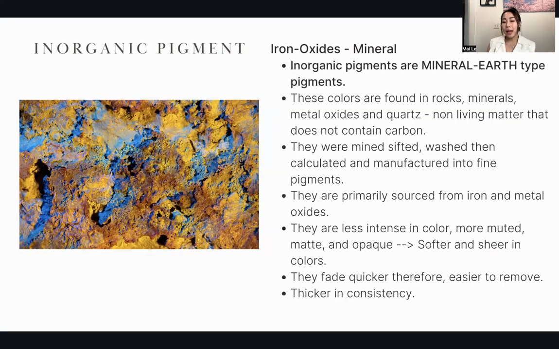The color is less intense, more muted, more matte, more opaque, softer and sheer in terms of color. And so therefore they fade quicker. It's also easier to remove, but the consistency is thicker, so therefore it could be harder to implant. When you work with inorganic pigment, it just takes longer to implant into the skin.